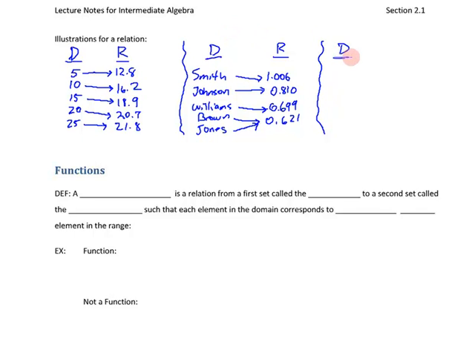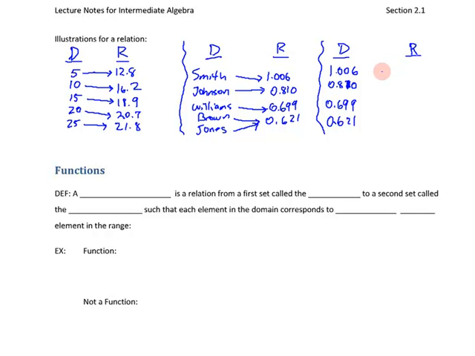What if I said instead of having the domain be Smith, Johnson, Williams, Brown, and Jones, the domain is actually the numbers, 1.006. Does the order matter in what I call the domain and the range? The short answer is yes, and let me explain why. So here's my domain now.